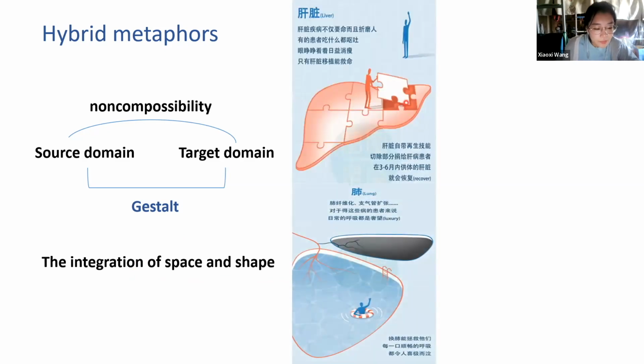So here, the liver and puzzle are morphologically integrated and constructing the metaphor. The liver is puzzle, where the source domain is puzzle and the target domain is liver. And in the text below, it says that the liver has the regeneration capacity and can be removed partially and donated to the patients.